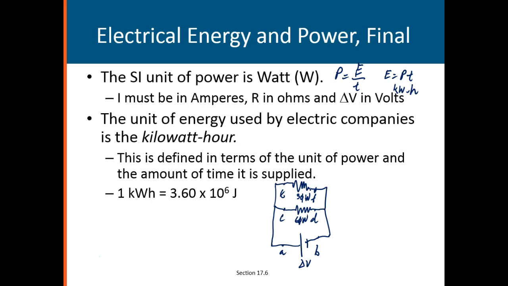Where do you have the greatest current flow? D. Second? D? This one right up here? Second? Wrong. Okay, what is right? B? B.